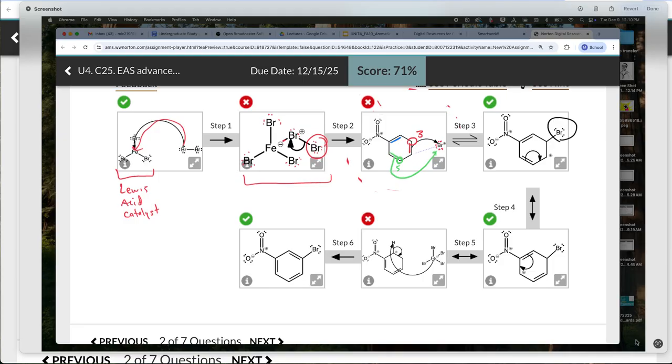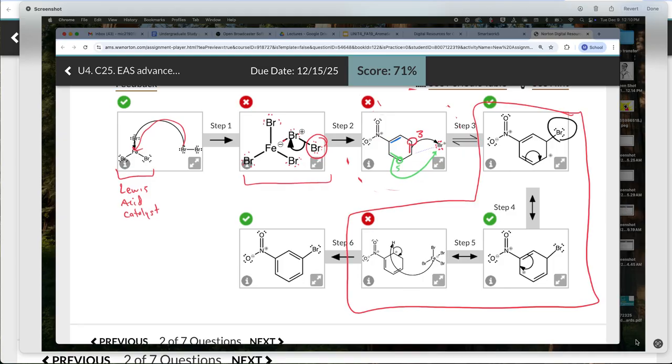Those are all resonance structures of each other. Those carry a very particular name that you need to be aware of. Those are known as sigma intermediates. Okay, so you're just dealing with resonance behind those.